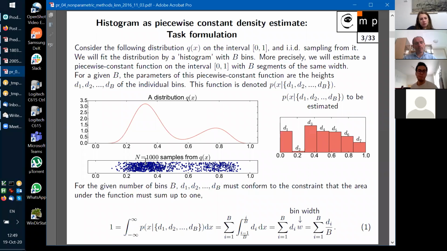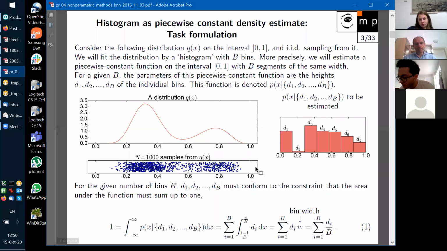Here we'll take 1,000 samples generated from Q(X), and the histogram we'll look at as a piecewise constant estimate of the underlying distribution Q. So Q(X) is the ground truth, P(X) is our estimate, and for the function here we will consider the bin locations as fixed, and the only parameters we will be estimating are the d's: d1, which is the probability density assigned to bin number 1, d2 is the probability density assigned to bin 2, and so on.